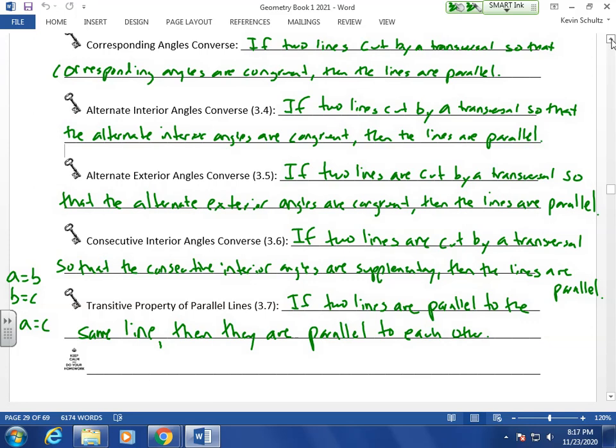If two lines are parallel to the same line, then they are parallel to each other. Okay? Whew. So there you go.